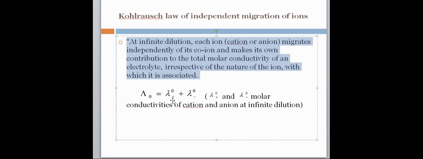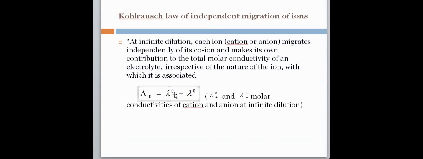So it is the sum of the molar conductivities of cations and anions at infinite dilution. If I have to know the molar conductivity of any solution, all I need to know is the molar conductivities of individual ions, the individual cation and individual anion.